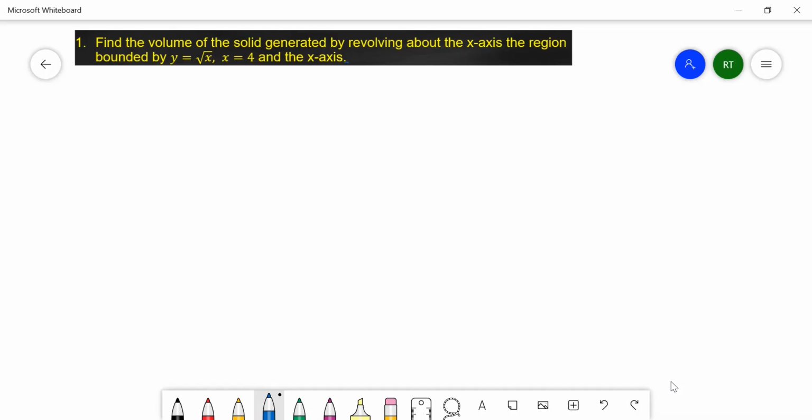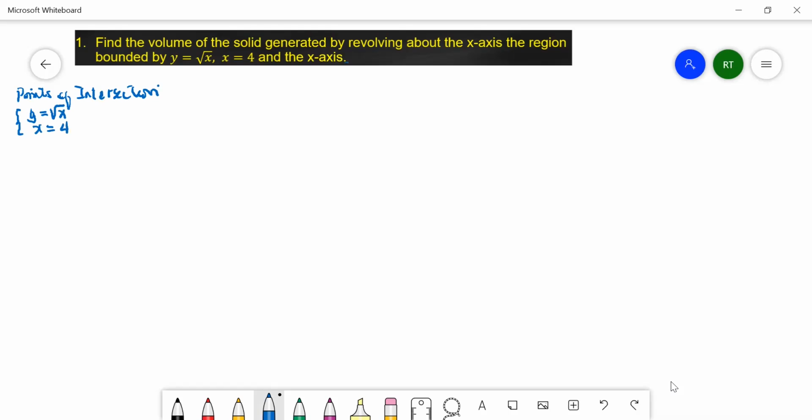So to find the point or points of intersection, we have to solve the two equations simultaneously. So we will consider the system consisting of the equations y is equal to square root of x and x is equal to 4.